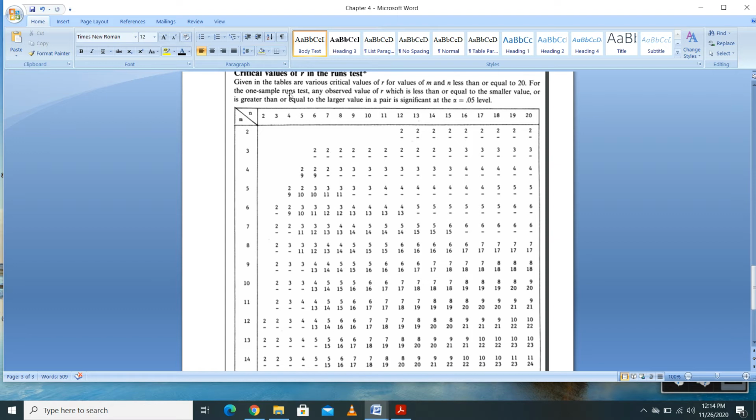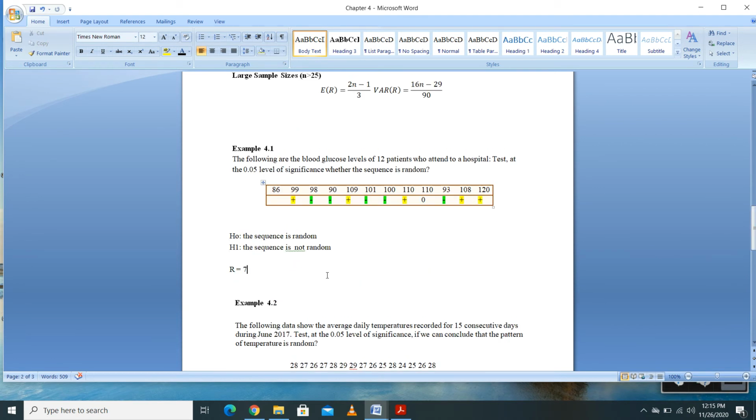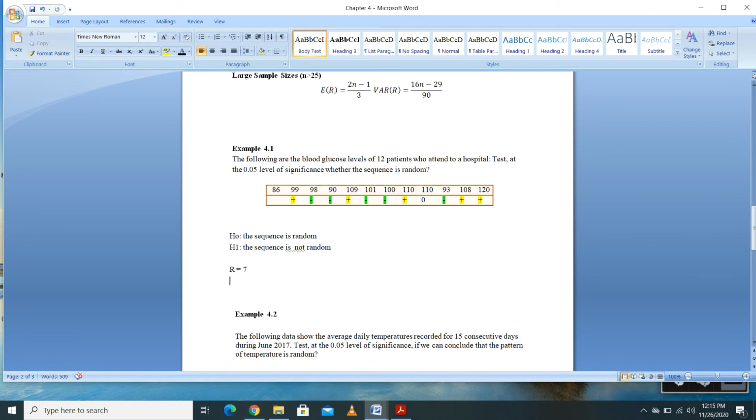For the one sample runs test, any observed value of R which is less than or equal to the smaller value or is greater than or equal to the larger value in a pair is significant at 0.05 level. So when you take this table, first you have to look at your data set. You have two values, M and N.